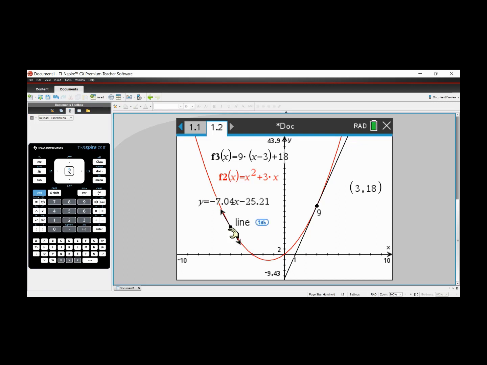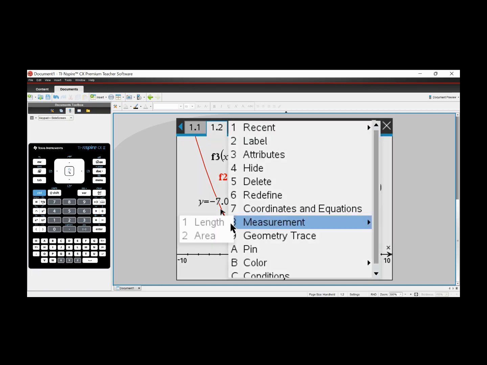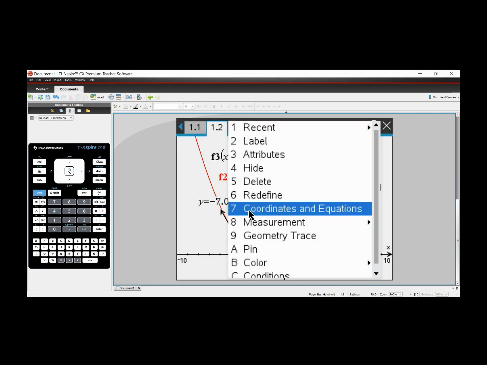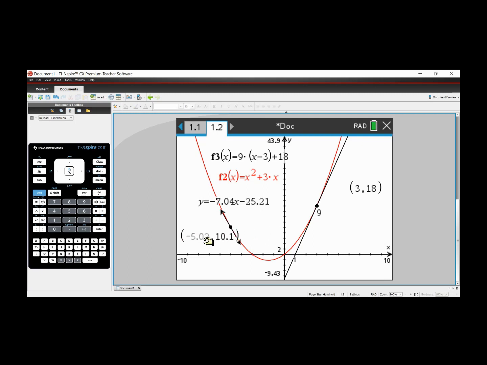I'm going to move the line here, and I'm hovering over this so it says point on, and if you control menu, you can show coordinates and equations. All right, and I'm moving this so I can see it. I'm going to double click the x value and change it to the x value that I want. It now moved both the point and the line. Okay, and you can see that it lines up right on our tangent line.